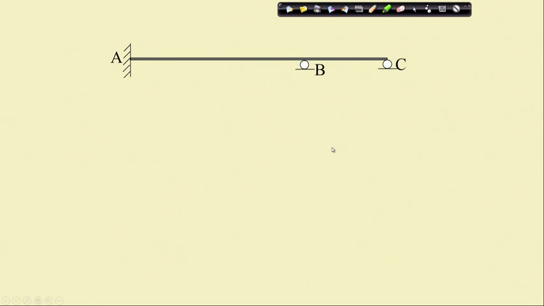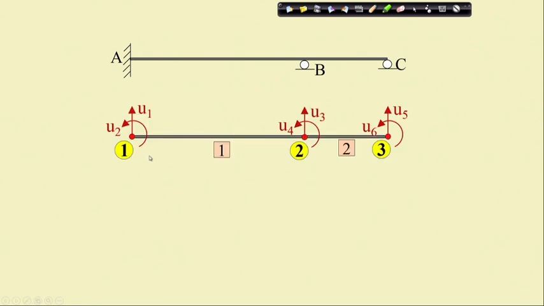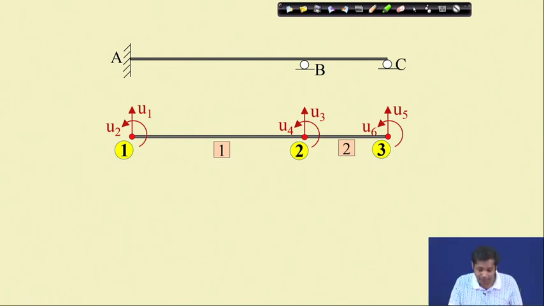This is how we have given the numbering of the degrees of freedom, but again let me repeat that you do not always have to choose the numbering like this. We have given node number 1 the degrees of freedom U1, U2, node number 2 it is U3, U4, and node number 3 it is U5, U6.